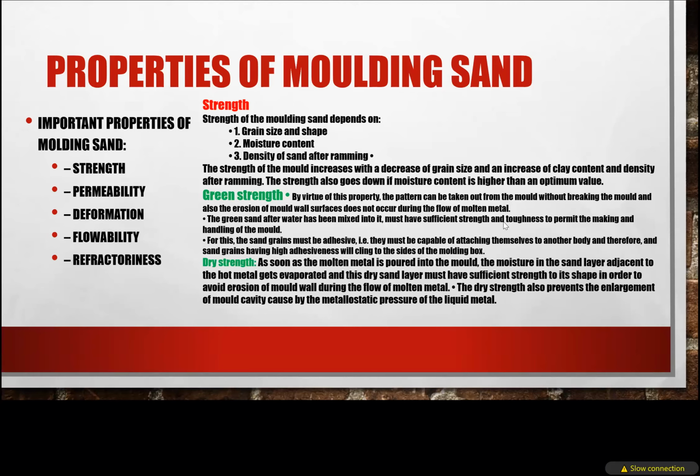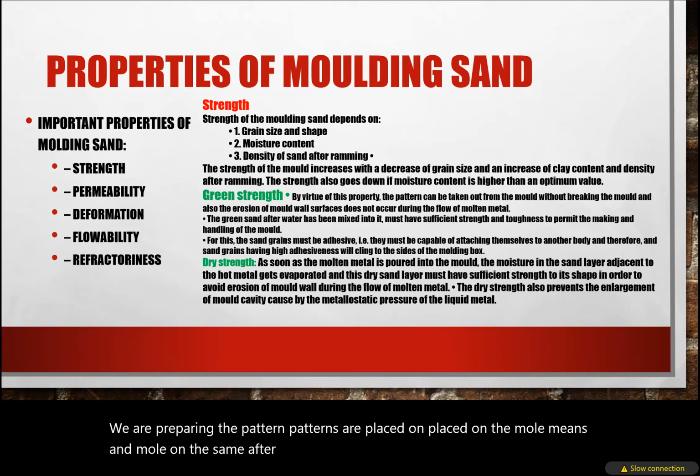So listen. What is the green strength? Green strength means, if we are preparing the mold, patterns are placed on the sand mold. After placing the pattern on the sand, the pattern is used for the purpose of creating the mold cavity, that means the imprints on the sand. So during or after the imprinting is done, we have to remove the pattern.